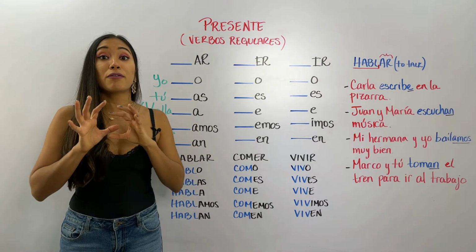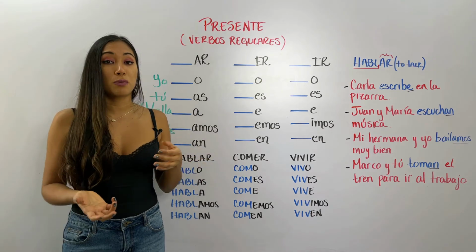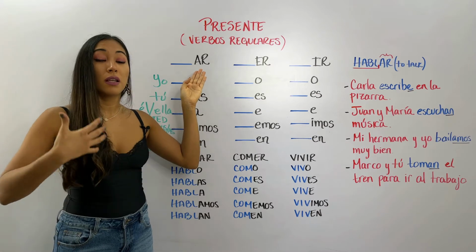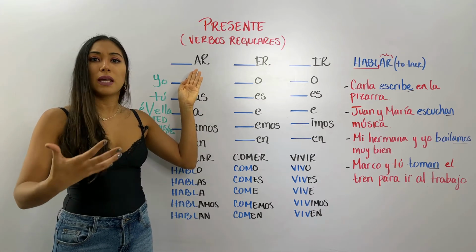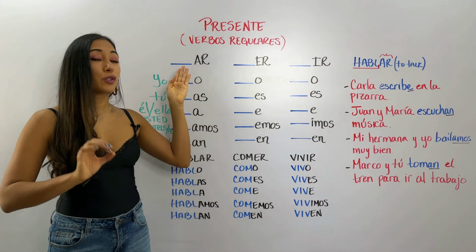So that's the infinitive form of the verb, either in English or Spanish. In Spanish, it's like this. So you will hear me say this, la forma infinitiva del verbo, okay? It's good to know the names. Everything has a name.